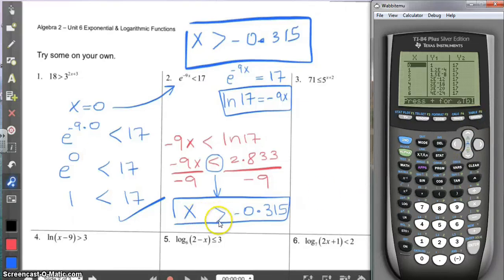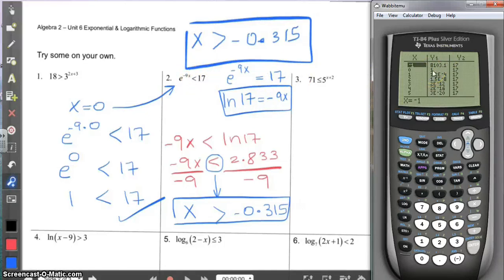Now I'm saying that x has to be somewhere greater than negative 0.3. So let's see. Like negative 1, as you can see, it's much bigger. So greater than negative 0.3 means it has to be 0, 1, 2, 3, and so on. So on 0 we have 1, 17. Good. So it does work on the equation because y1 has to be less than 17.